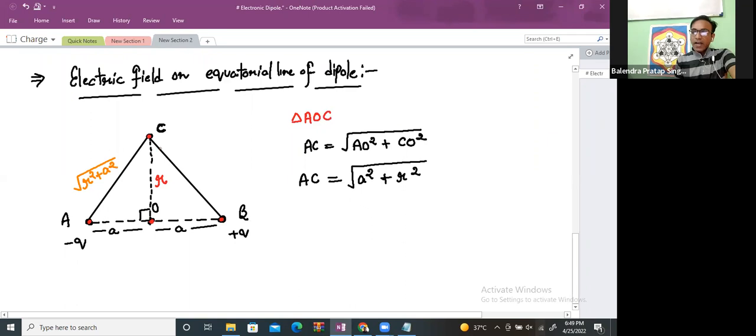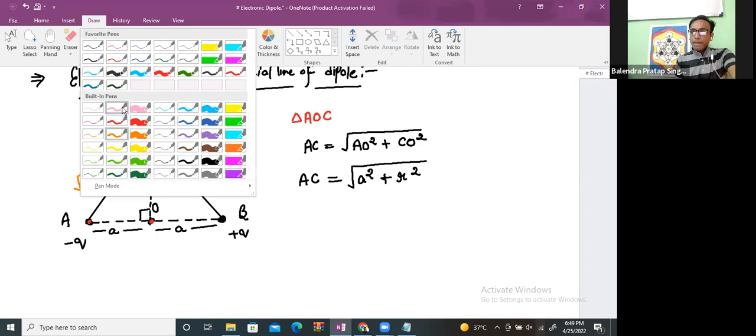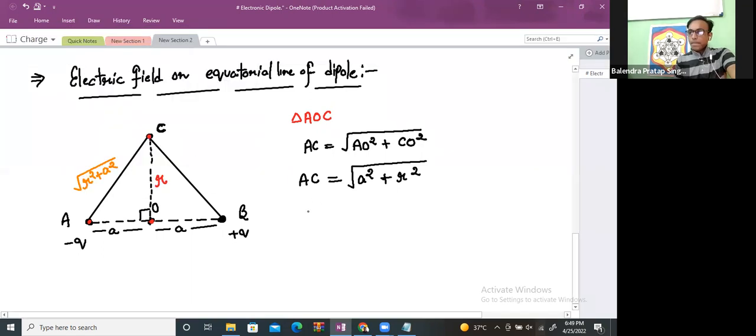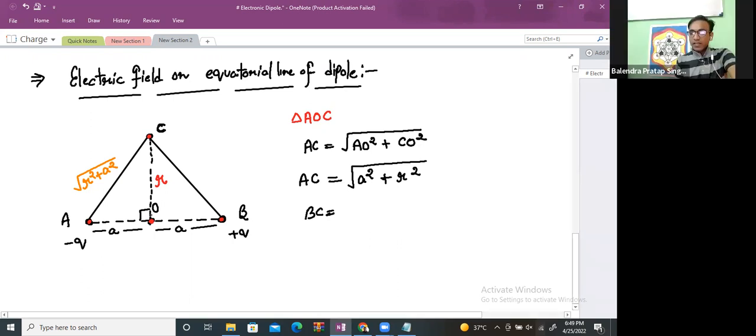And what is the value of this BC? Shafullah, what is the value of BC? This is an equatorial triangle, right? No, it's not an equatorial triangle.